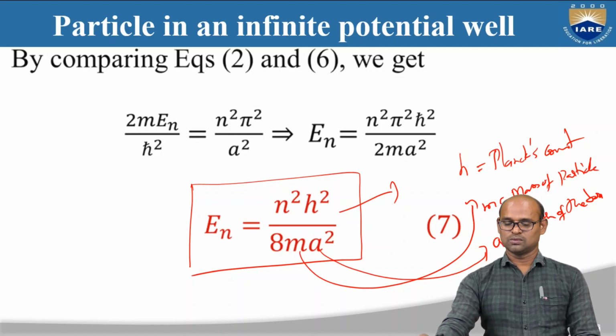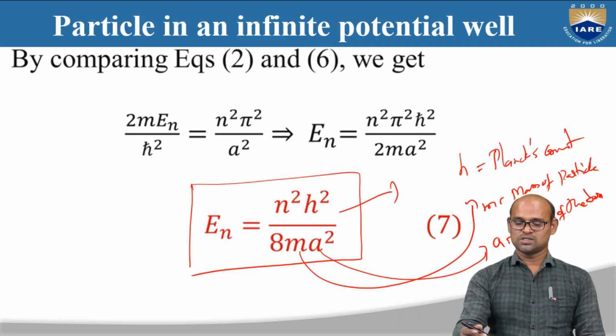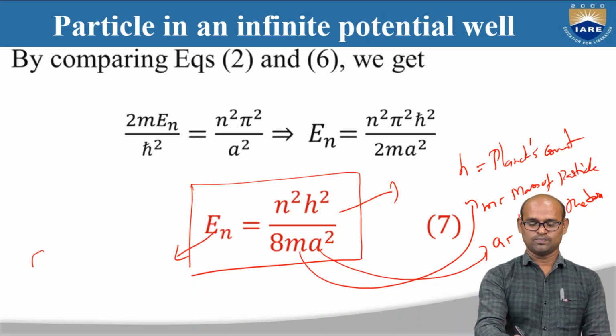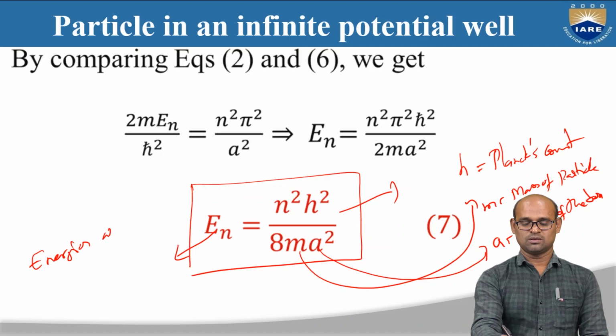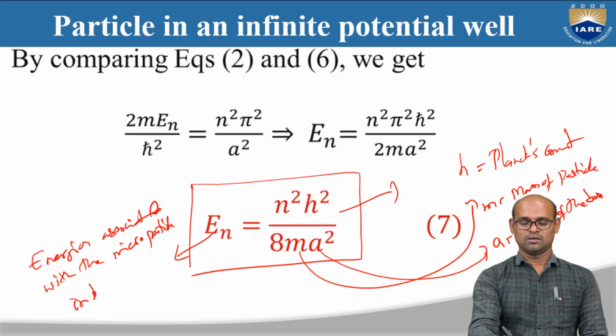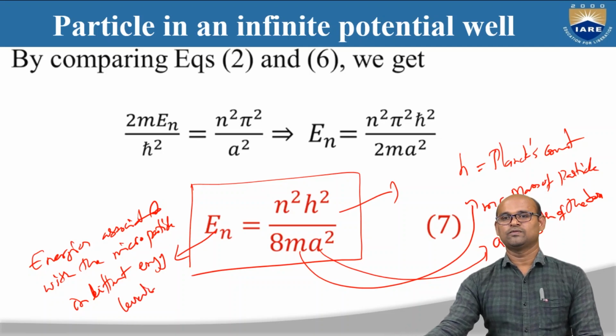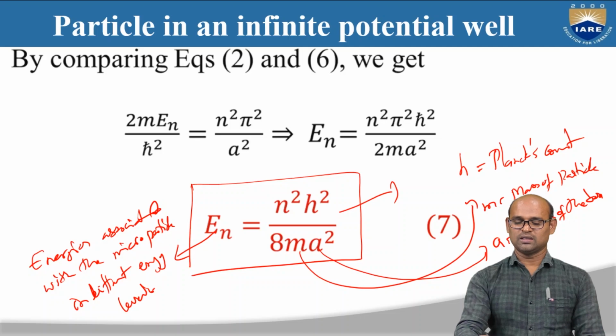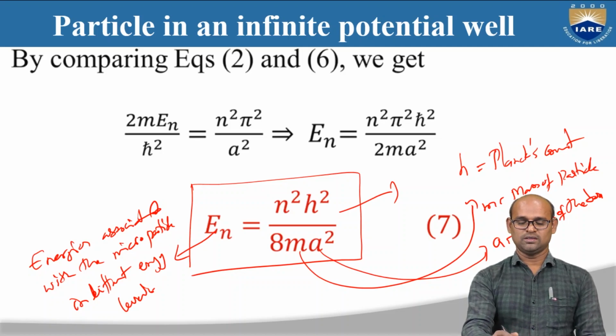So these are the energies associated with this microparticle in different energy levels. We are now able to find the energies of this microparticle: n²h²/8ma², and we know all these parameters.